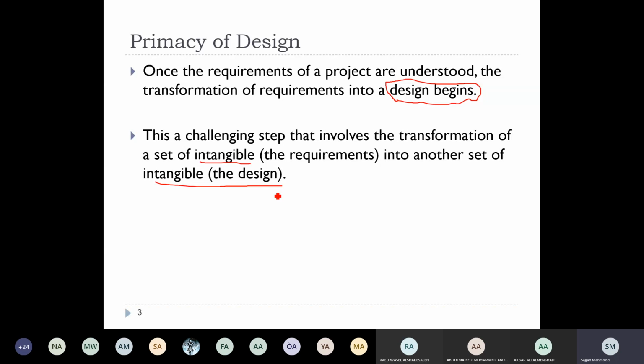In our case, we have requirements which are written in natural language, like English or Arabic. We have some models. Then when we come to design, we'll also have some models, but it's not a physical thing, isn't it? So this makes a bit of a challenge. But having said that, as software engineers, we have overcome this challenge very successfully, because nowadays software is an integral part of life every day, right?